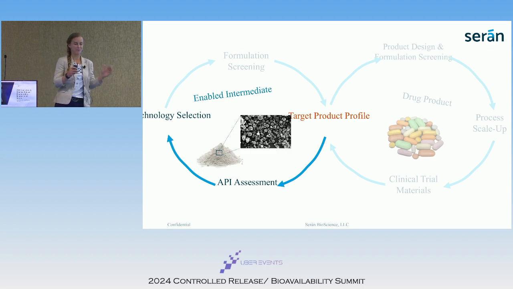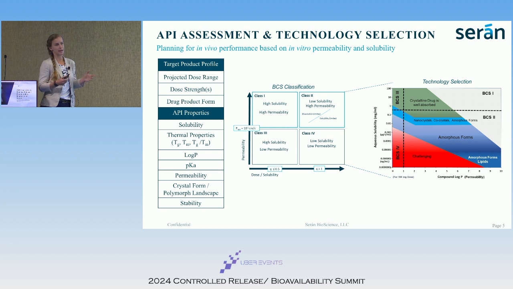So going through this, we are working on enabled intermediates, and this is a bioavailability and controlled release conference. I'm focusing on the bioavailability part. We are starting with this API assessment and with technology selection, so I wanted to give a couple examples of this and how we can think about this with respect to the target product profile. So again, someone just went through the BCS classification. I'm sure you're all aware of this and comfortable with these ideas, so I won't spend too much time on it. But what we have on the left is the BCS classification.